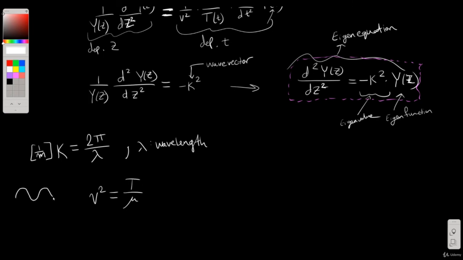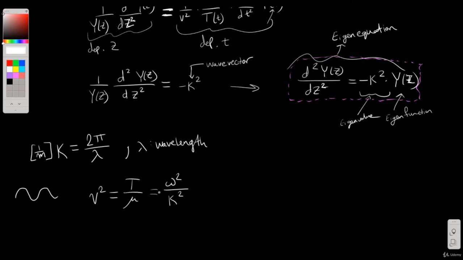So you have a wave here, and you have the tension here. That's at every single point, you have an equal and opposite force of T. And here you have this so-called mass density. Well, it turns out that this term is also equal to omega squared over k squared.